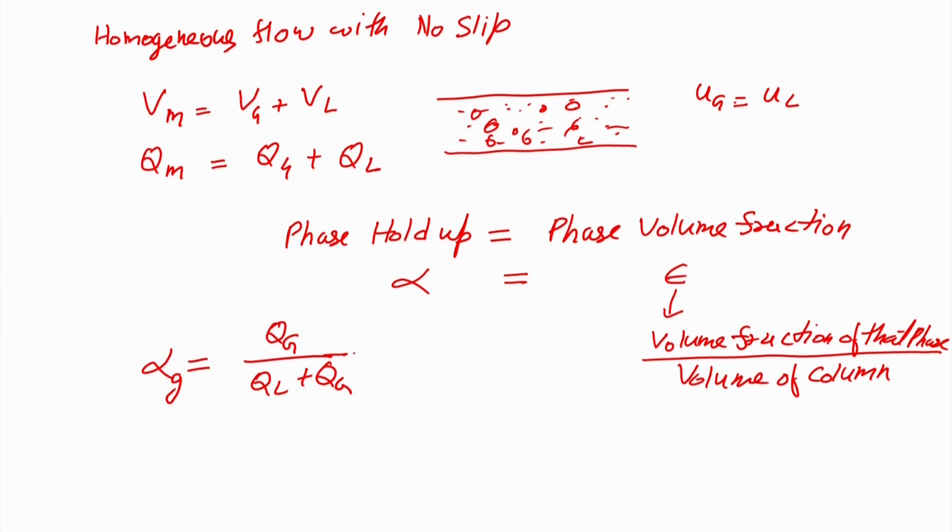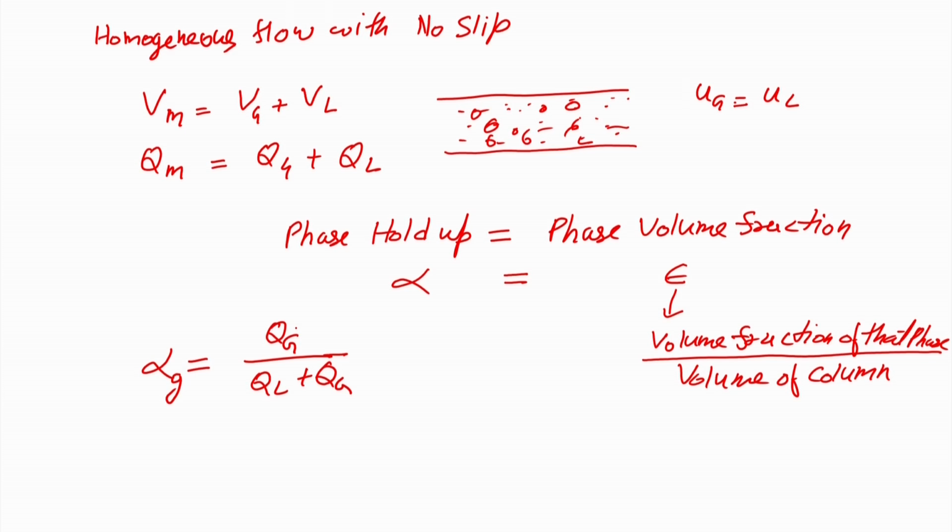So if there is no slip and the phases are distributing according to their flow rate, the gas hold up will be nothing but the volumetric flow rate fraction. There is no velocity difference inside, and they occupy the fraction according to their inlet flow rate. That is called phase hold up.